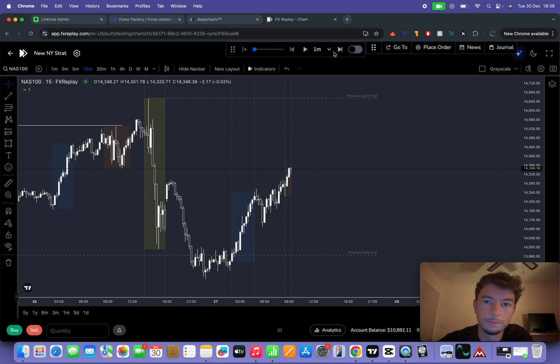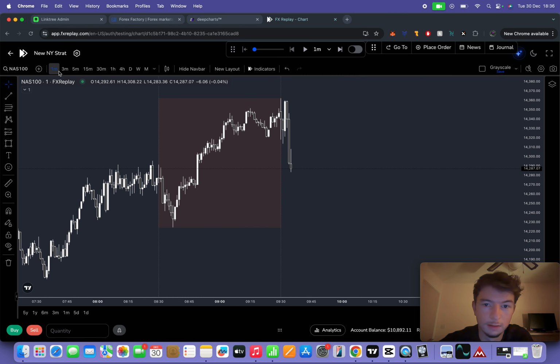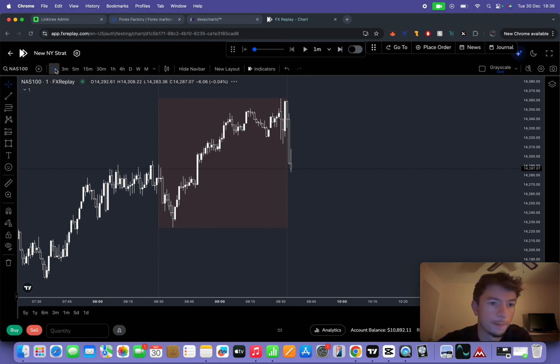Drop down. So that's a 9:30 candle there. Potential for reversal, I think, depending on what we get. Although on the 3-minute it looks like this could be a continuation here. Just see.